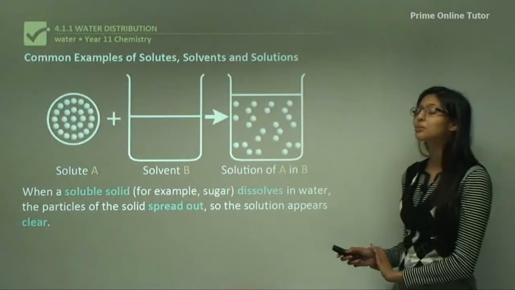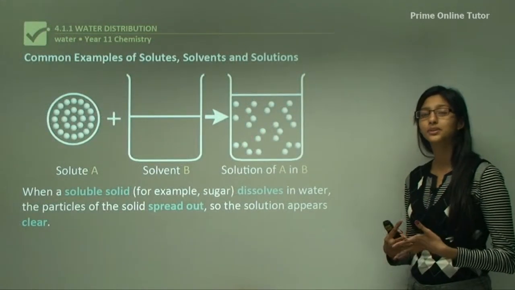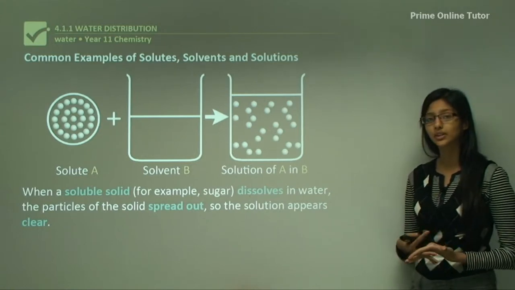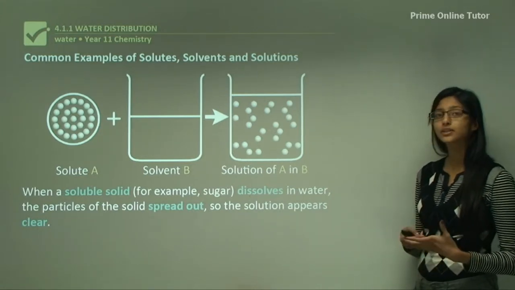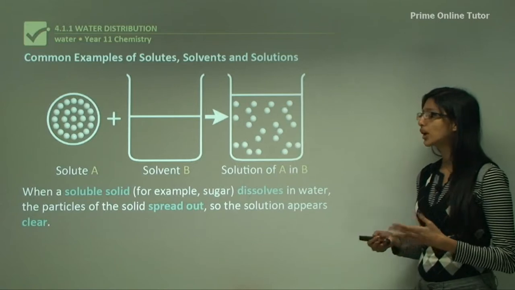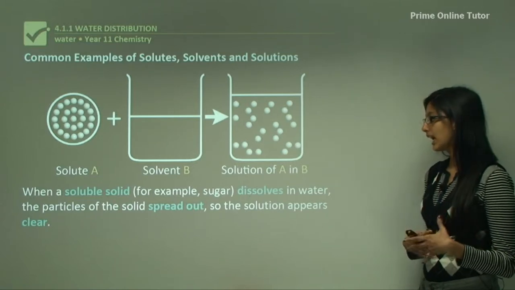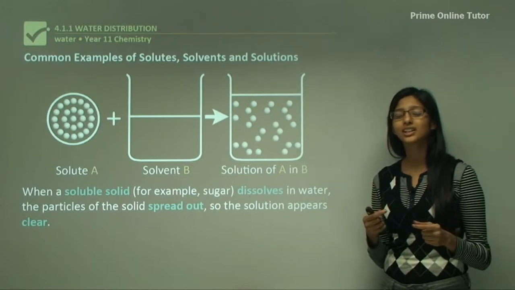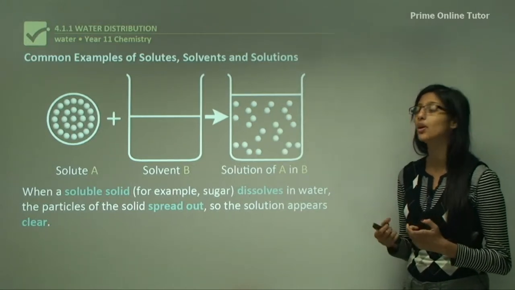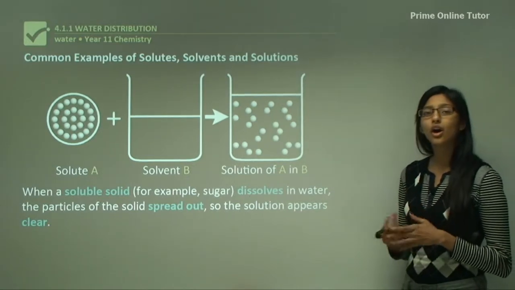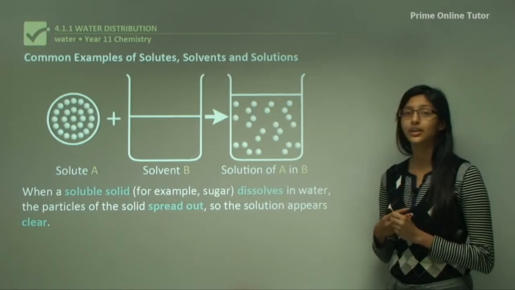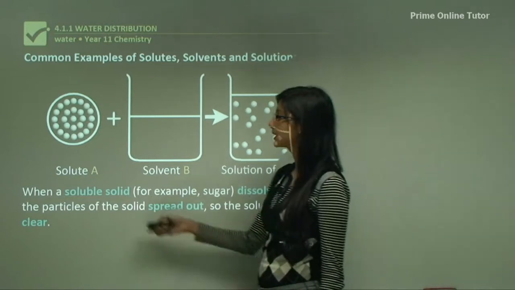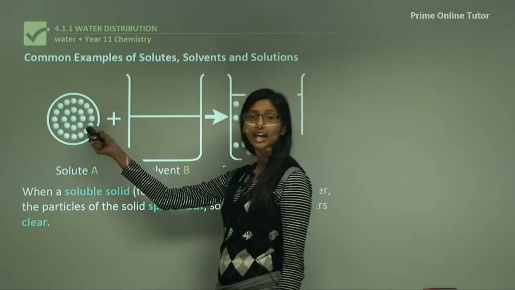Now let's look at why the soluble solid is not visible in water anymore. When the soluble solid dissolves in water, the particles of the solid spread out throughout the whole composition of water, and so the solution appears clear. Salt particles are very, very small, and when you put them in water, they don't stay together anymore. When they're together initially, that's why we can see them as one particle.